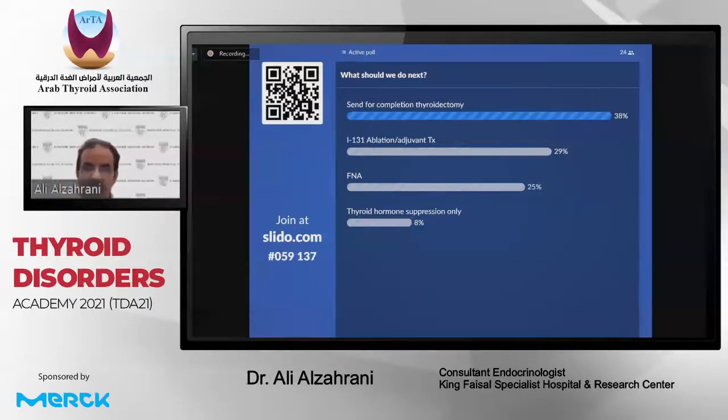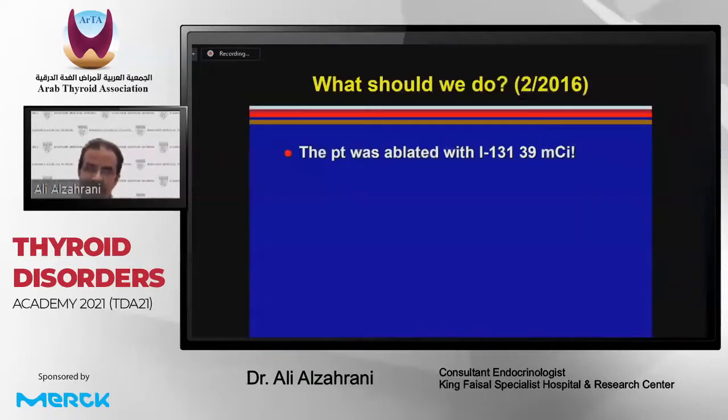Giving radioactive iodine is reasonable, again, weighing risks and benefits. FNA is also reasonable, but again, it depends on your experience and what you think this tissue is. And thyroid hormone suppression alone is not good for this patient with T2 tumor and lateral lymph node metastasis and some lymphovascular invasion.